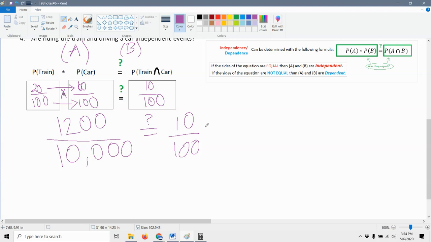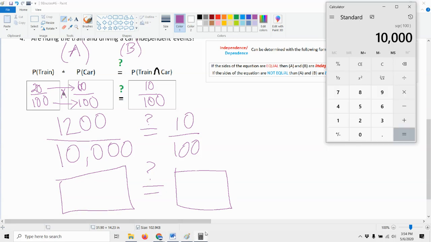Now, these numbers look pretty different, but remember, we want to find out what the decimals are because it's easier to compare them when we know what the decimals are. Okay, so we're just going to go back to our calculator and we're going to take 1,200, this first fraction, we're going to divide 1,200 by 10,000. And we're going to get 0.12.